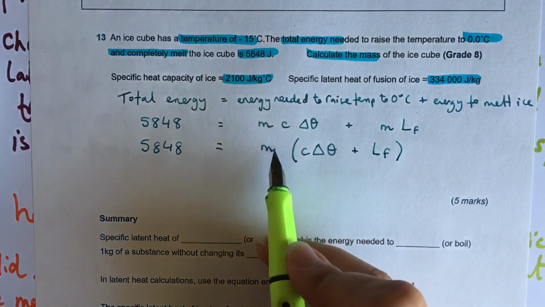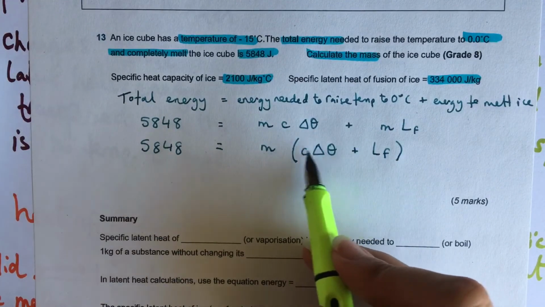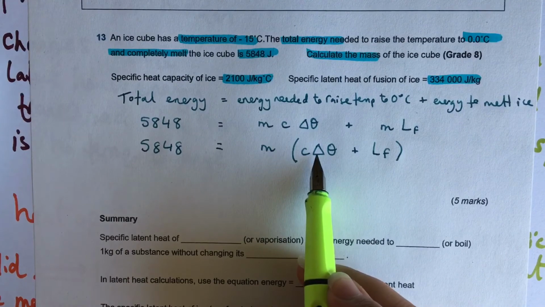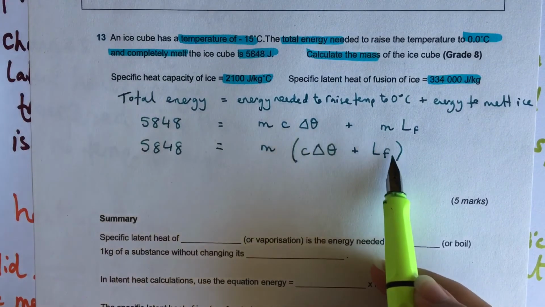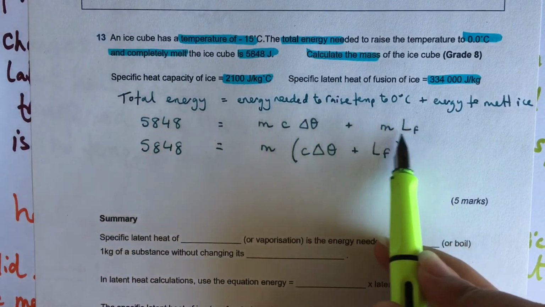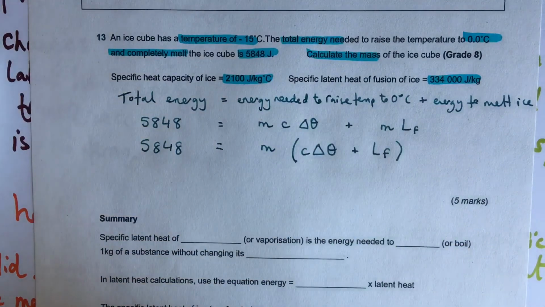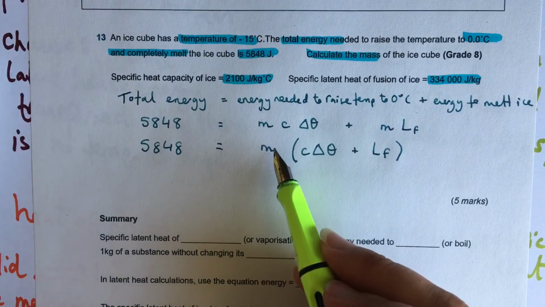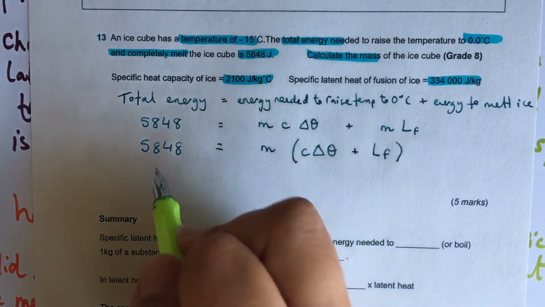Okay, so we can think about this the other way around. If I was to multiply these brackets out, I would do the mass multiplied by this plus the mass multiplied by this, and then I would end up with this top line back anyway. Okay, so now we can substitute in our values. We only have one mass, which should then mean that we can work it out.